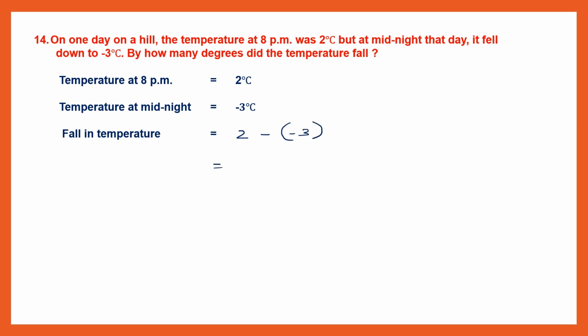So this is 2, subtraction changes to addition, and we write the additive inverse of negative 3, which is positive 3. Now we have to add this up. 2 plus 3 is 5, so the fall in temperature is 5 degrees Celsius. So this is our answer, 5 degrees Celsius.